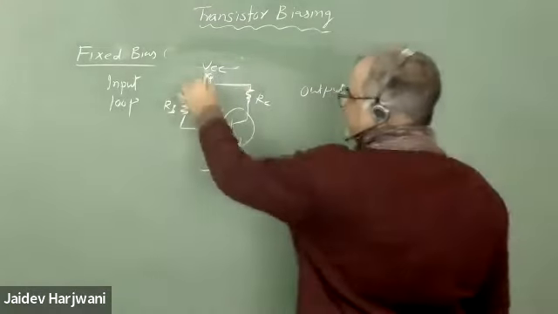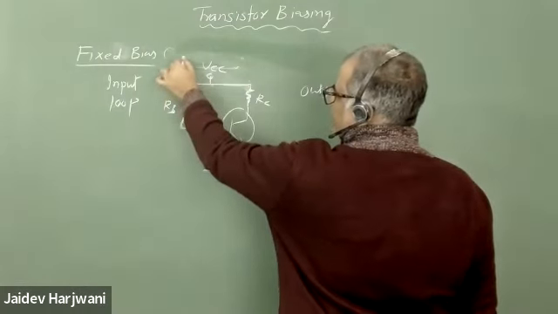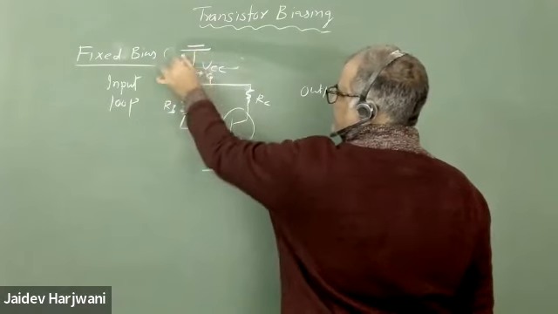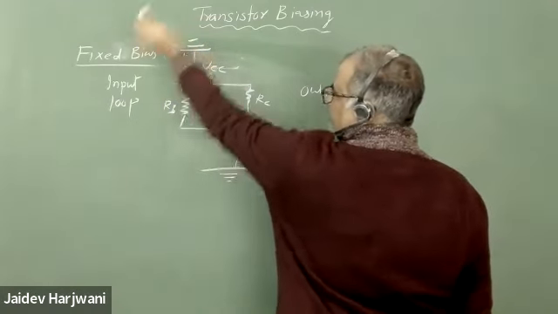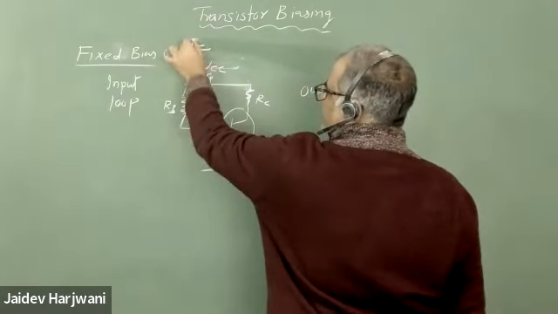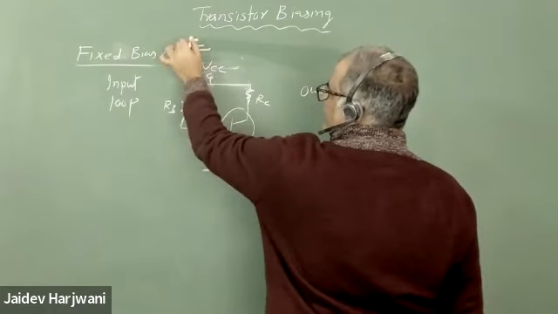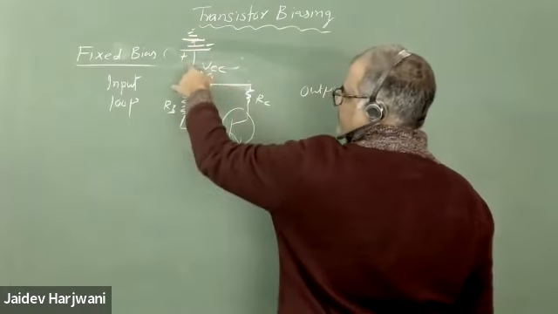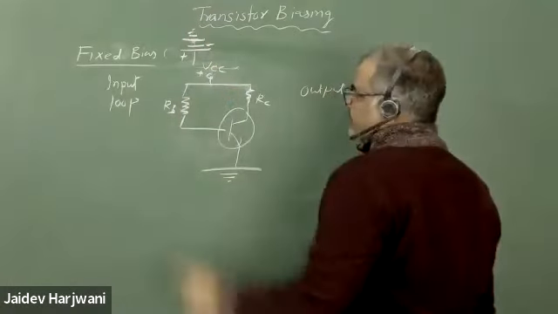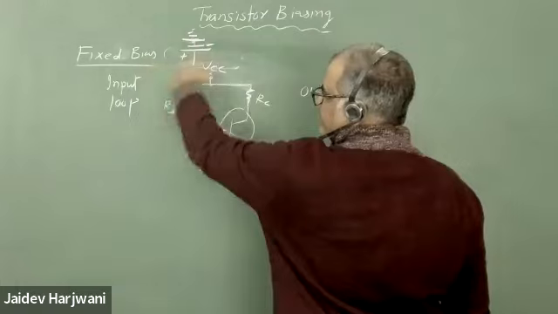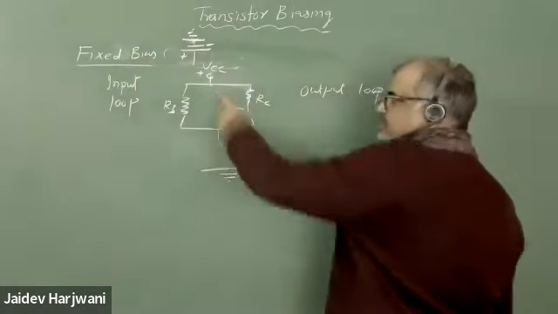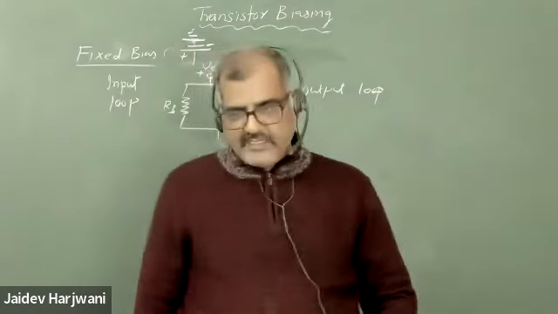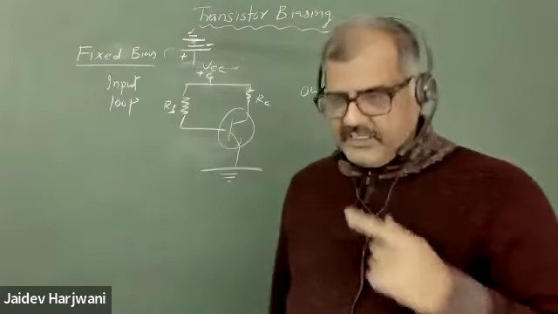The plus of the battery is connected here and the negative is grounded. I draw the battery like this because I want to show that this battery is connected to both input and output. Is that clear? Any confusion?